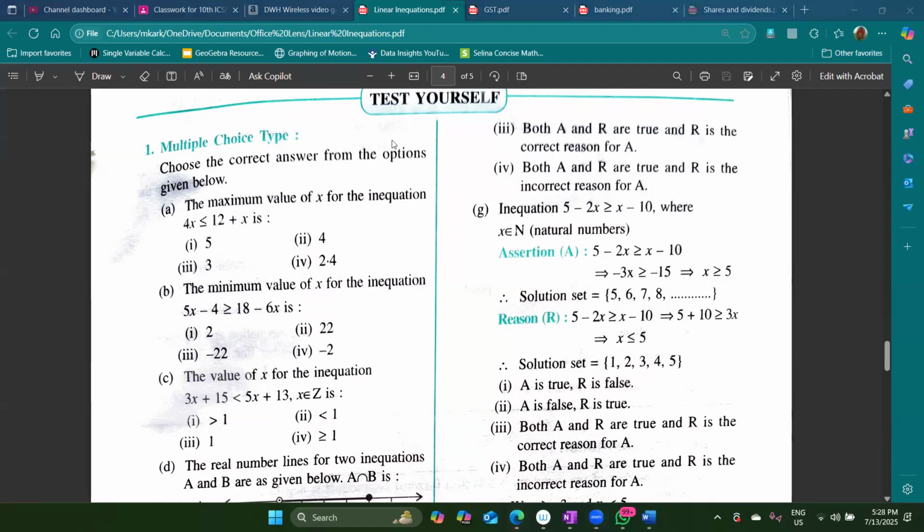Correct, Aniket? Correct, Soham? Correct, Riya. Correct, Advait. Correct, Sai. Everybody got it right? Next one.